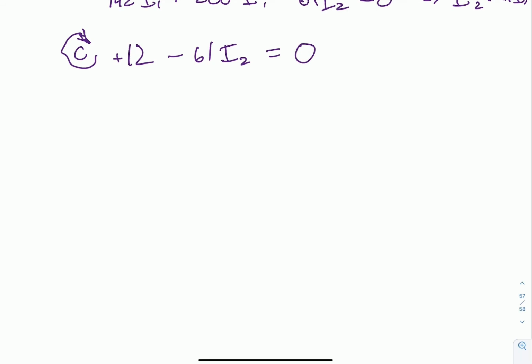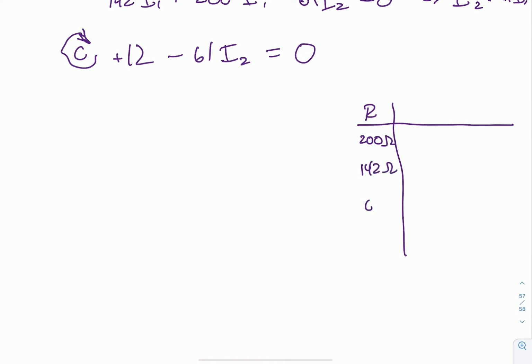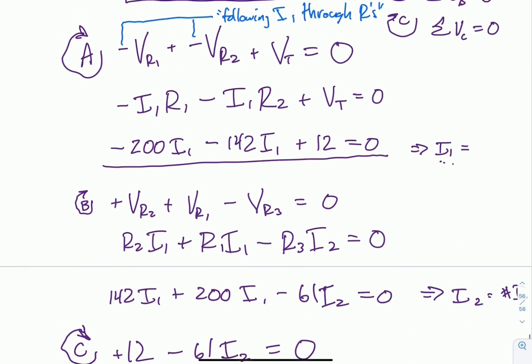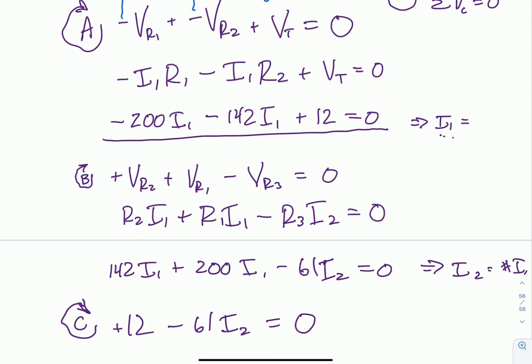And so we have our resistor, our current, our voltage, and our power dissipated by. So it looks like I would use loop A to get I1.